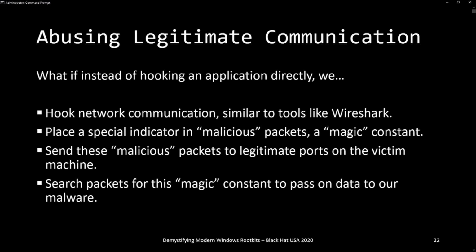Since our malware is intercepting all packets being received, it also constantly searches these packets for the magic constant that the C2 inserted. So we can piggyback off of all legitimate communication channels by simply abusing the fact of intercepting all packets. From the C2 to the victim, to any open port, with that magic constant, the malware then knows that the packet is from the C2, and it can process other data out of it.